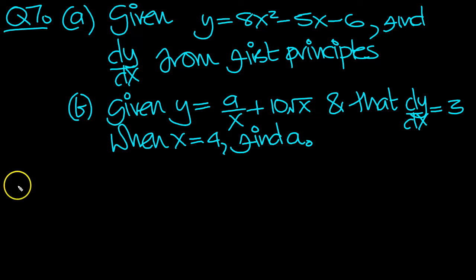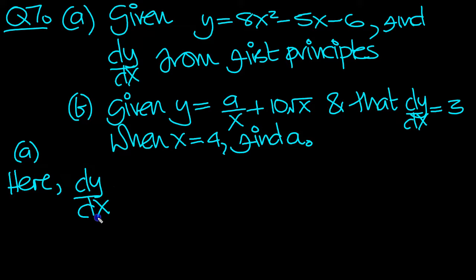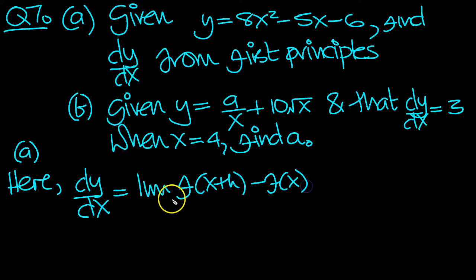Okay, from first principles, so here then, for part A, dy/dx is equal to, by definition, the limit of f of x plus h minus f of x, over h, as h tends to 0.